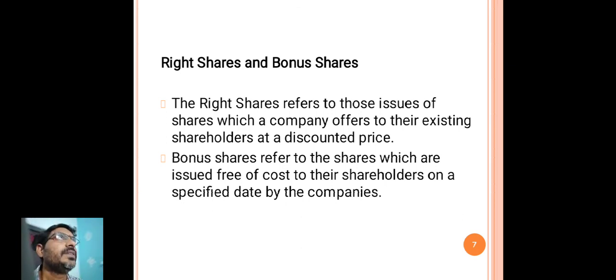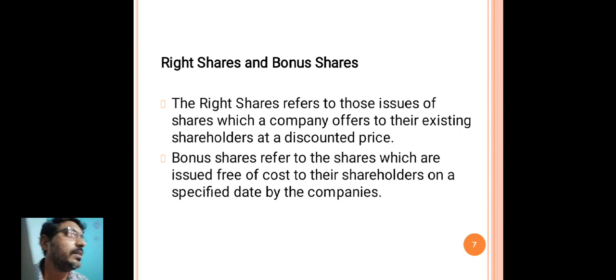So bonus shares refer to the shares which are issued free of cost to their shareholders on a specified date by the companies. Here the companies will do two things in case of leftover shares or forfeited shares.